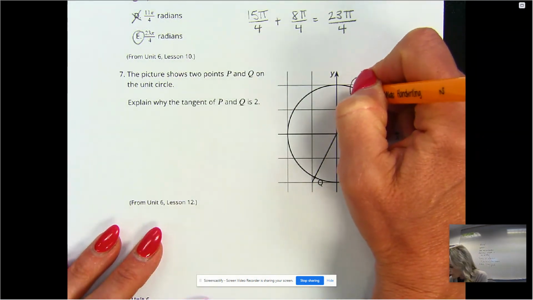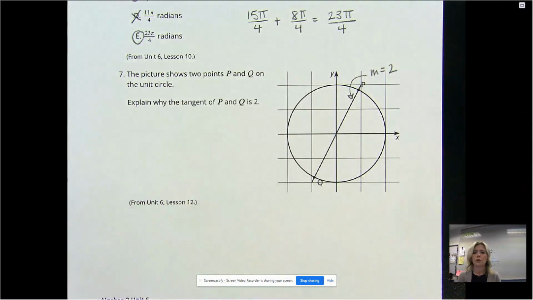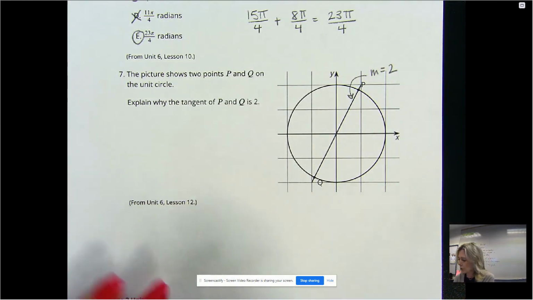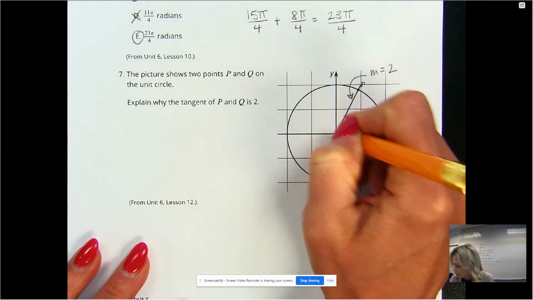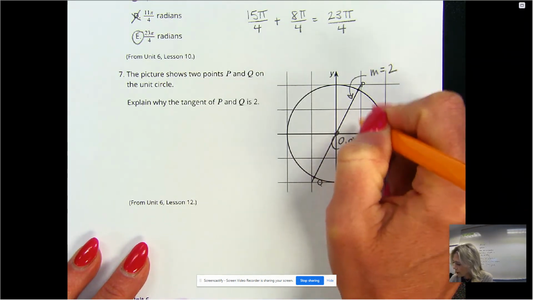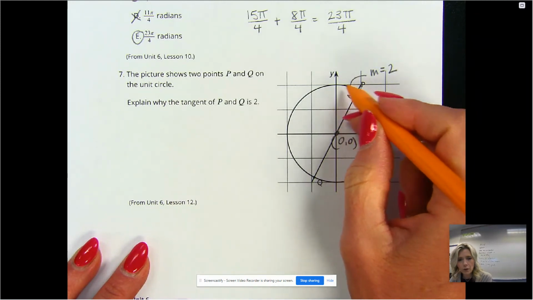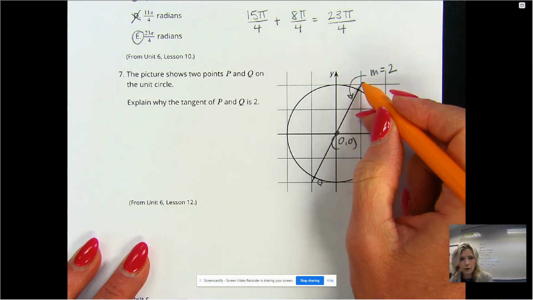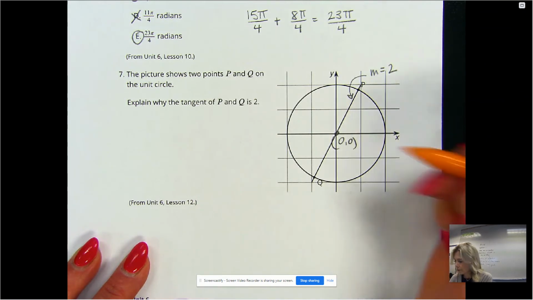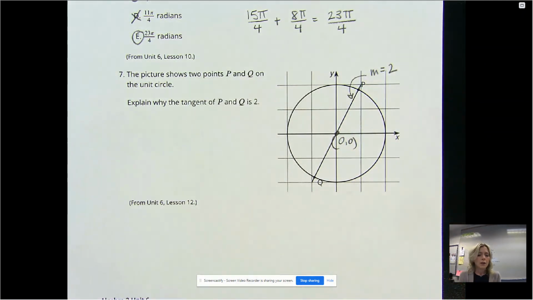So for this line right here, the slope is equal to 2. And I know the slope is equal to 2 because this is 0, 0, and this goes up 2 and over 1. And so that's how you find slope, right? Up 2 and over 1.